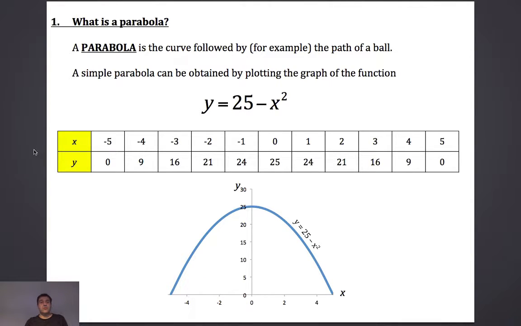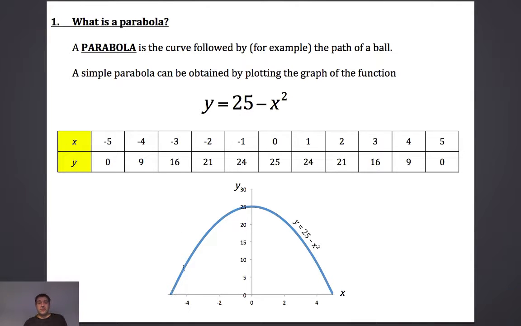So you do that for all the values and get a set of y values, remembering that when you square a negative number, a minus times minus makes a plus. So for example, when you've got -3, you've got 25 minus (-3) in brackets squared, which is the same as 25 minus 9, which is 16.